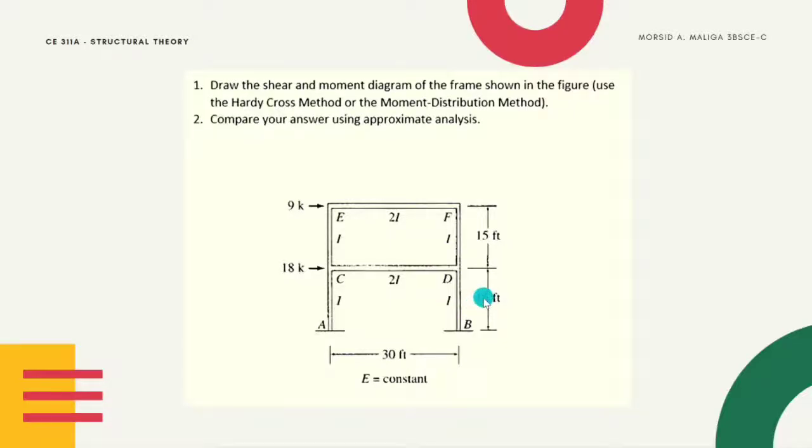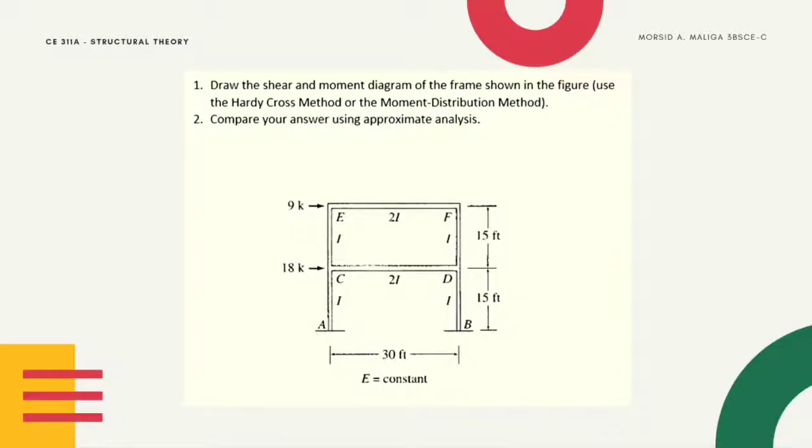We have the length from point B to D is 15 feet. From point D to F, meron tayong 15 feet. And from point A, point B, point C to point D, point E to point F, it is equal to 30 feet.